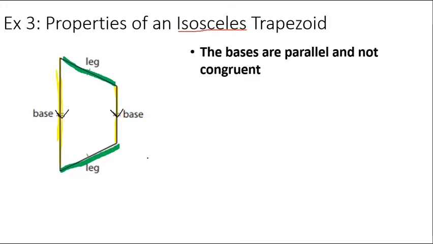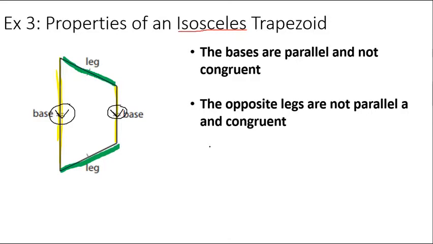So it says again the bases are parallel and not congruent, so they'll have the arrow marks there showing that they're parallel. And it says the opposite legs are not parallel and congruent. So the legs are not parallel, but they are congruent, so they'll have the one side mark there.